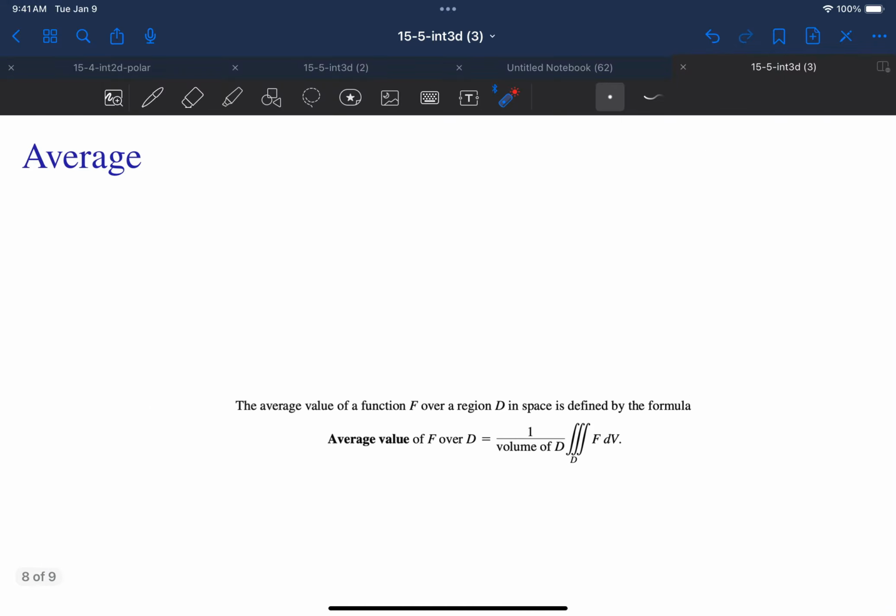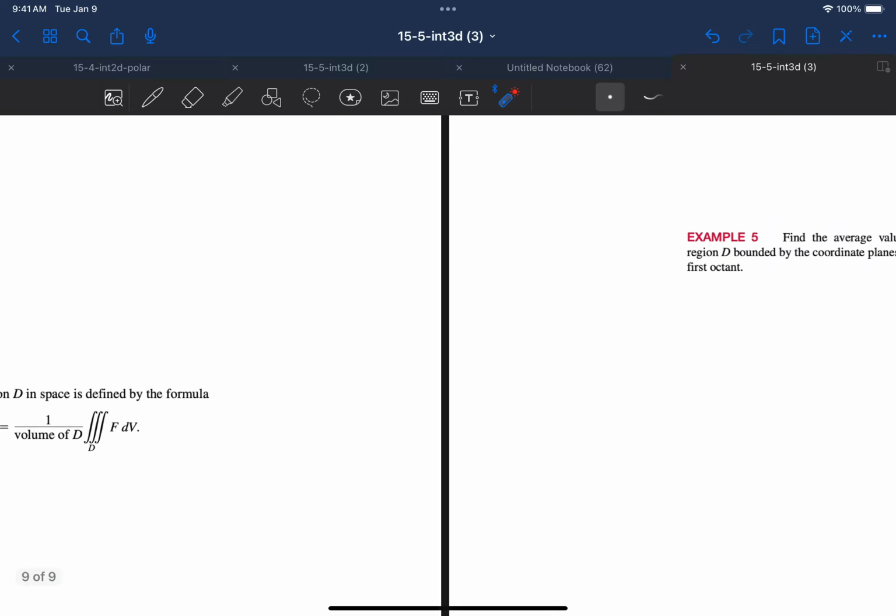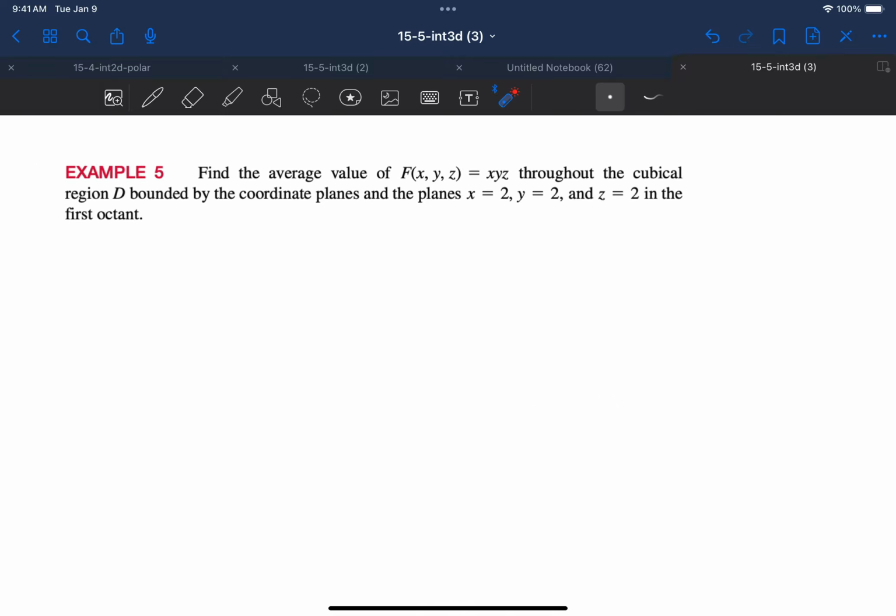Now, the next application is average, right? So the average value of f over D is basically taking the triple integral over D and then dividing by the volume, the size of D. So here's another example.